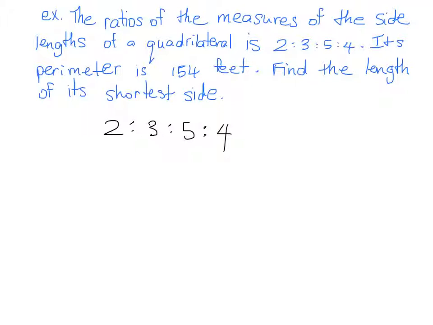So let's say the ratio was not reduced. That would mean the side lengths are 2, 3, 5, and 4, which would mean the perimeter would have been 14. But we know the perimeter is not 14, the perimeter is 154. The reason the perimeter is bigger is because this ratio was reduced.